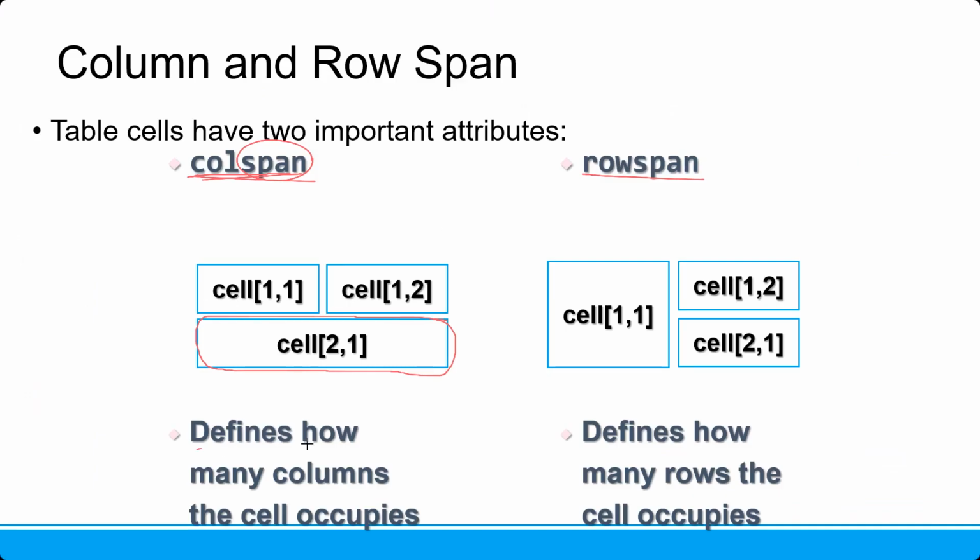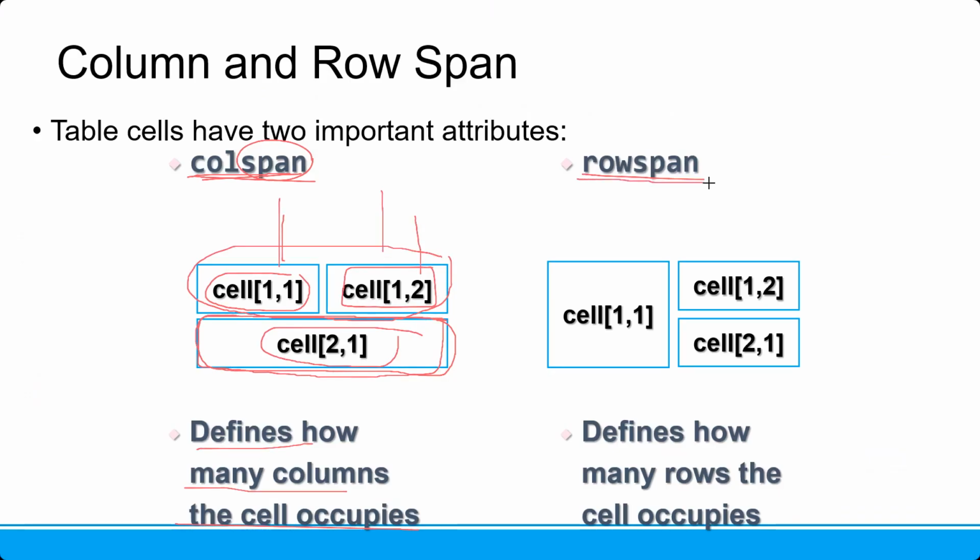So it defines how many columns the cell occupies. So in this case, if there are two columns, we can separate into cell 1,1 and cell 1,2. But the second row contains only one cell and it occupies two different cells.